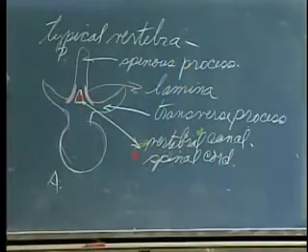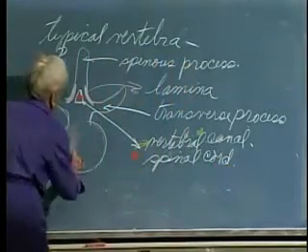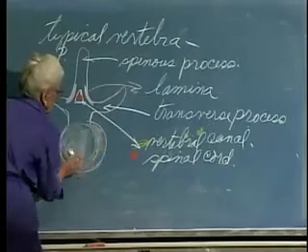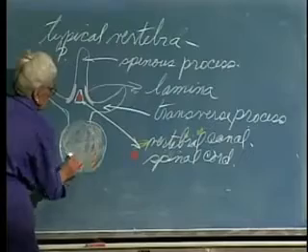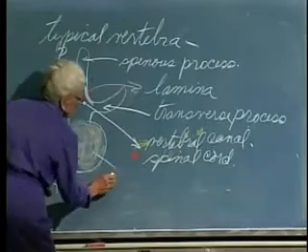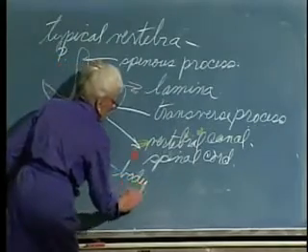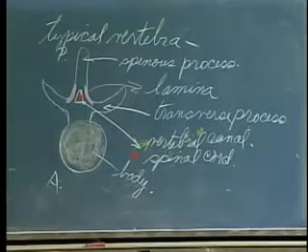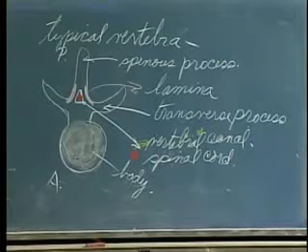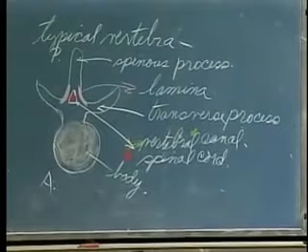And then you have this large body, which we'll see has different arrangements in different vertebrae, depending on function. This is the body. And we need for the vertebra to communicate with each other.